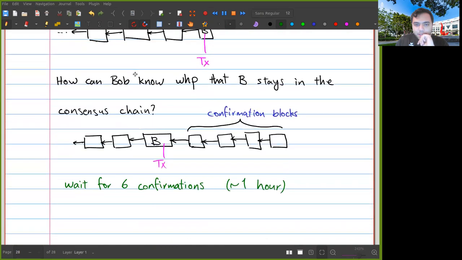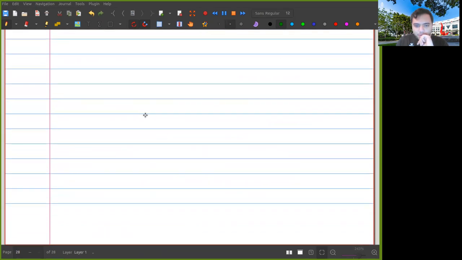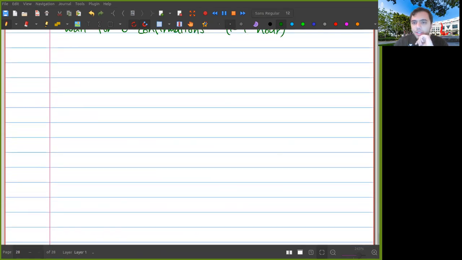So let's say, okay, let me just draw this again. Let's say this is my blockchain, and this is the block B that contained the transaction TX that Bob cared about, right?